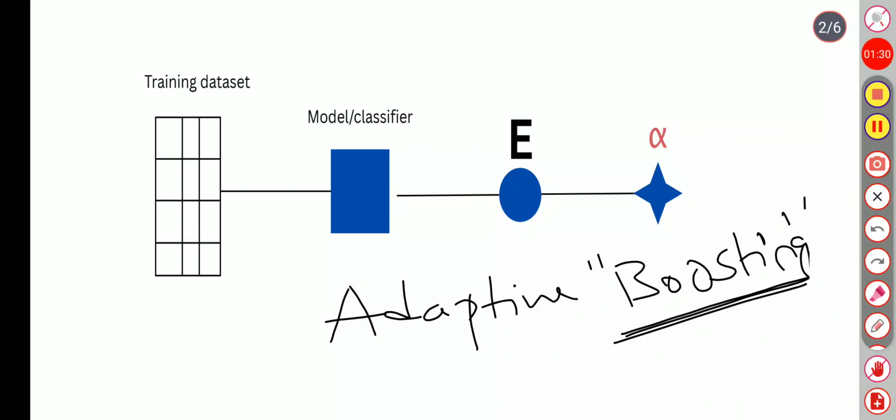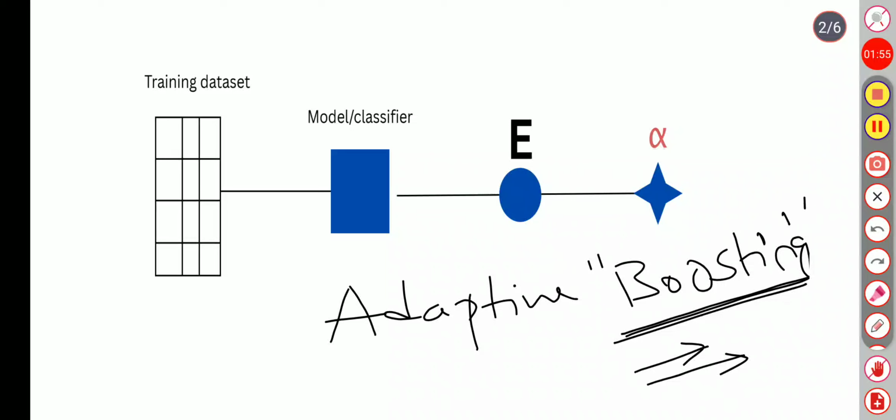Boosting is nothing but improving or increasing the performance of a task or action. That is called boosting. Let me take this definition into AdaBoost, right?